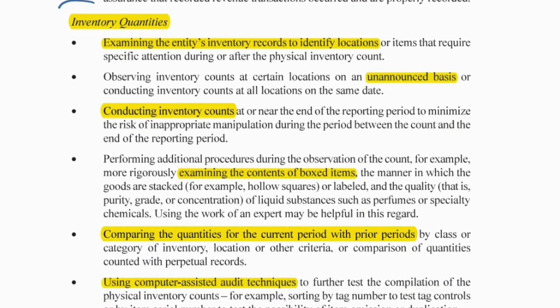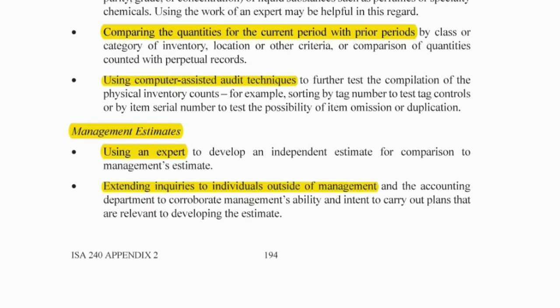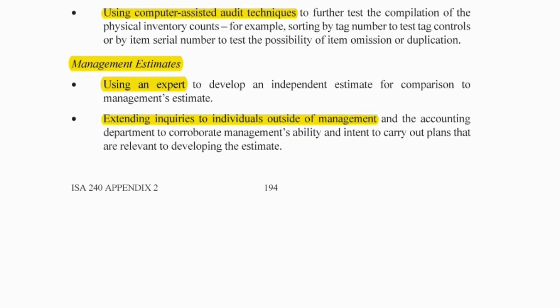For inventory, you can actually go to locations to examine the goods there. You do your own test inventory counts. Go and examine the contents of the goods in the boxes to make sure that it is right. Do some analytical procedures to see if there are huge discrepancies in quantities at different locations and so on.